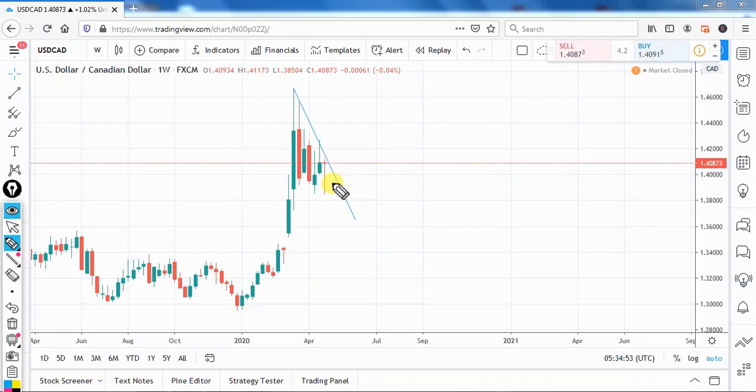Particularly pay attention to the last 2 weeks candle. We closed it as an inverted hammer in here, the last 2 weeks, and for this week we closed as sort of a doji. It's more like a doji.